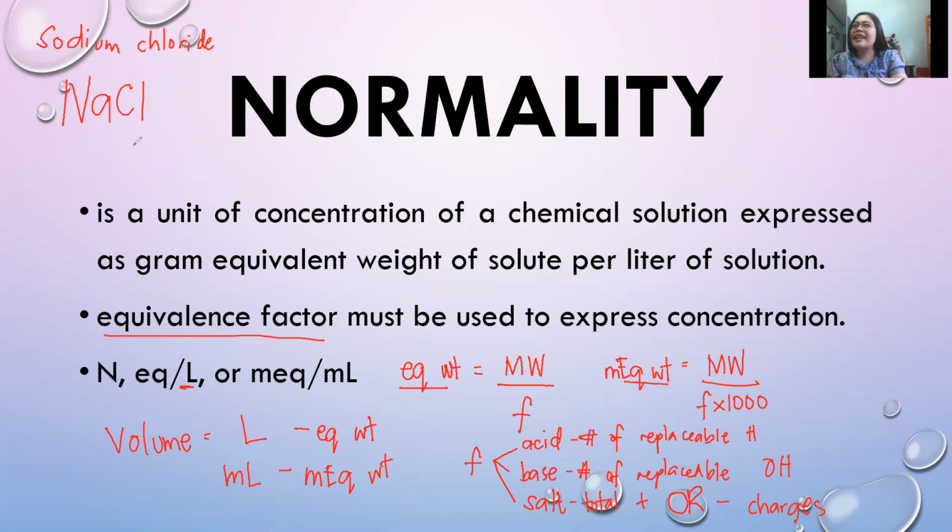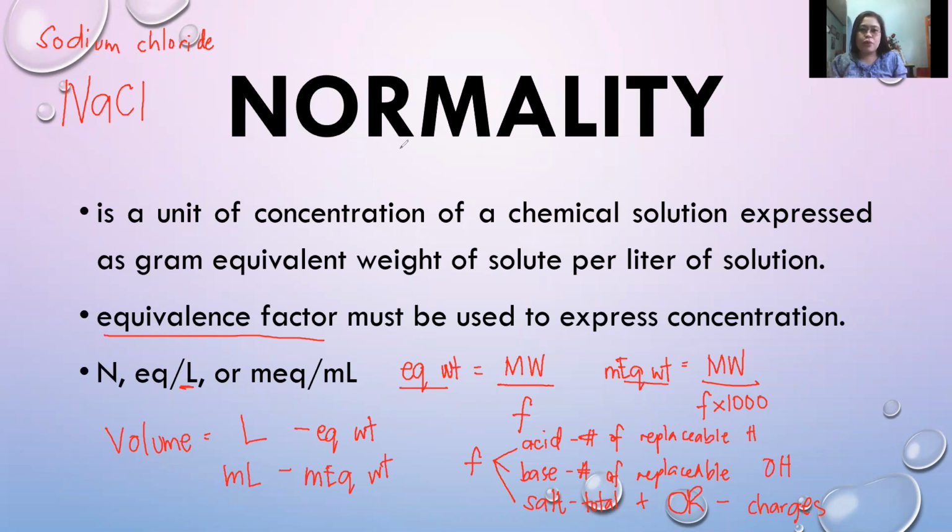Now, to identify the factor for a salt, you need to look at the charges. Last time, class, we taught you in Chem 101 how to identify the charges of our elements. It can be identified using your periodic table.